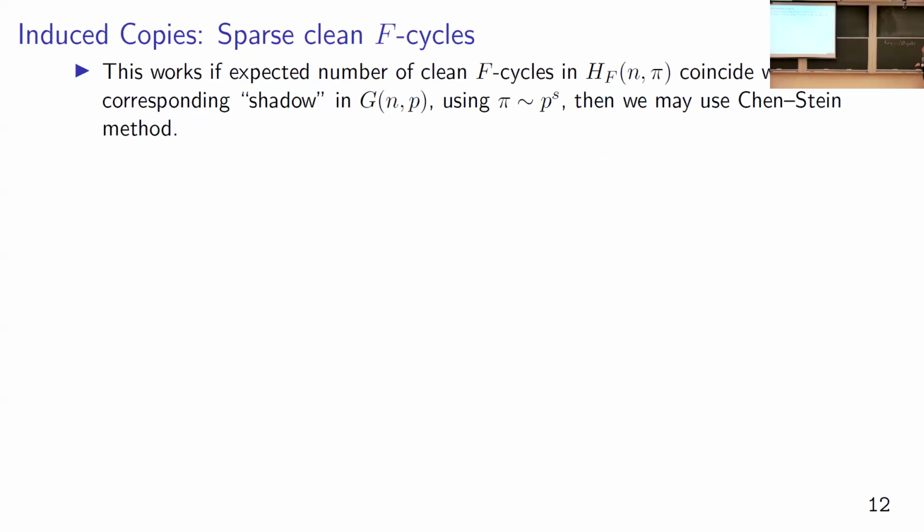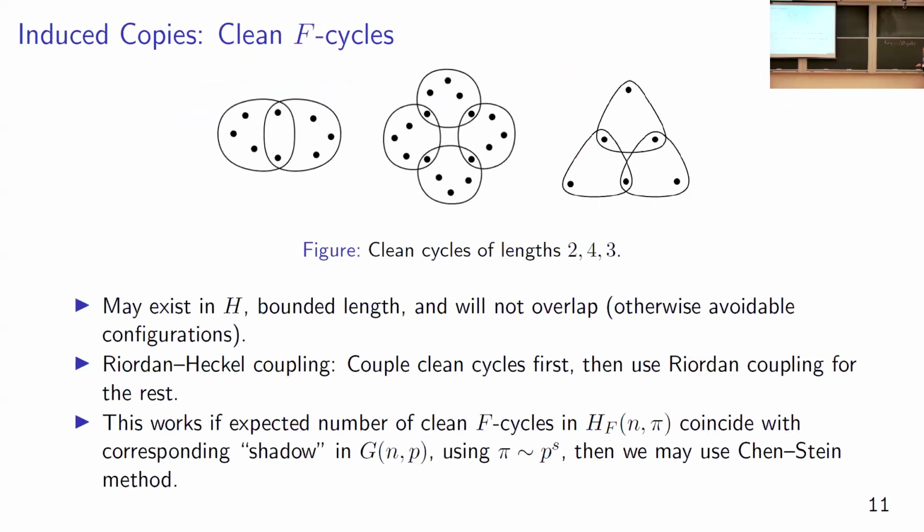And maybe if I go back, you can see that this will be the case, for example, here, because each of these blobs contributes S edges and they cannot possibly overlap in an edge. But you can see that over here, in these clean cycles of length 2, that's not necessarily the case. It could be that both copies of F have an edge in this intersection.